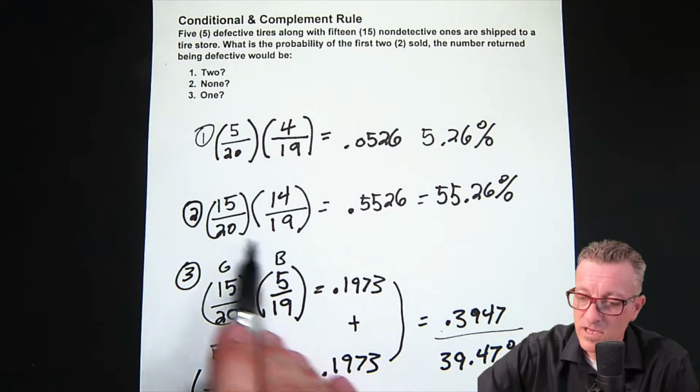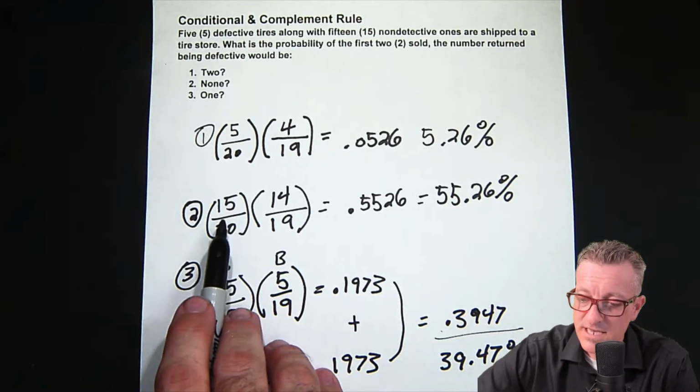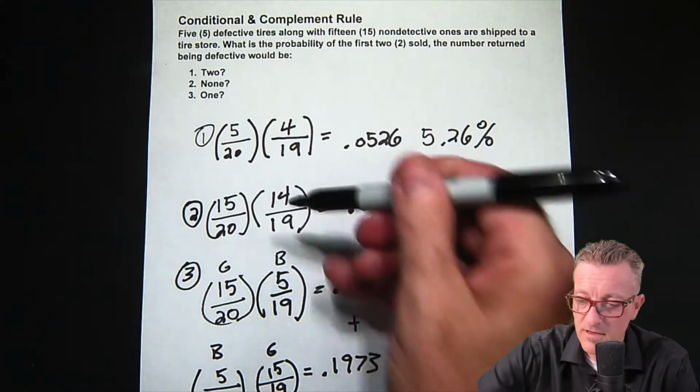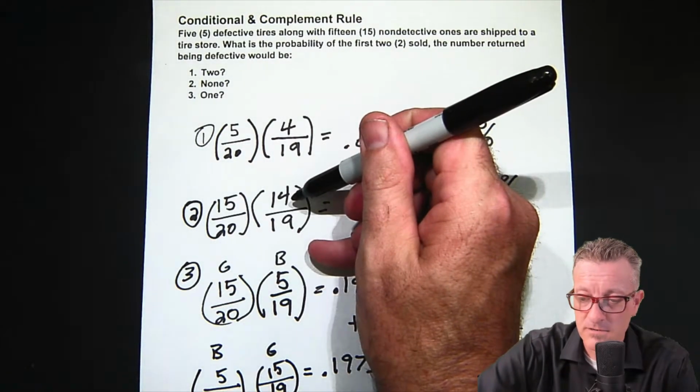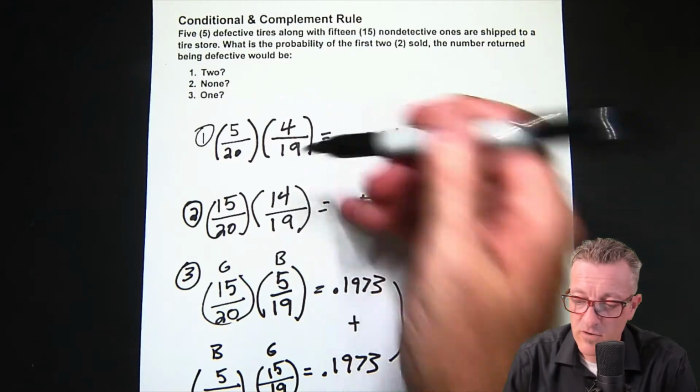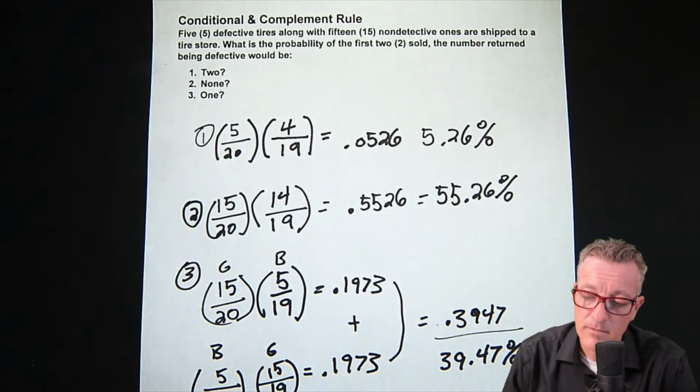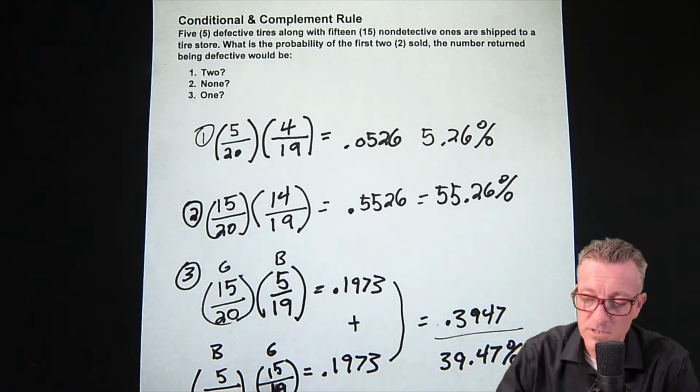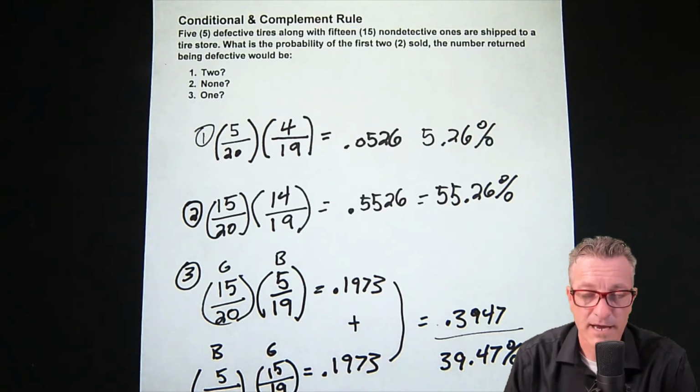When you're looking for the same thing twice, the numerator is going to decrease, no matter what you're looking for. When you're looking for a different one, the opposite of what you looked for in the first one, it usually just switches over to the number of those items.